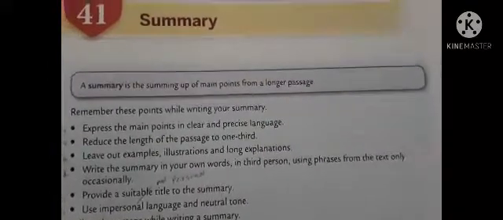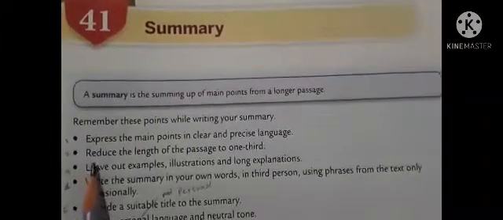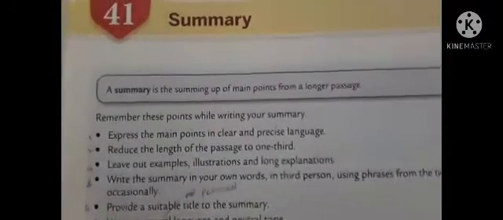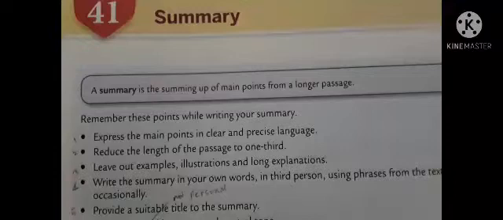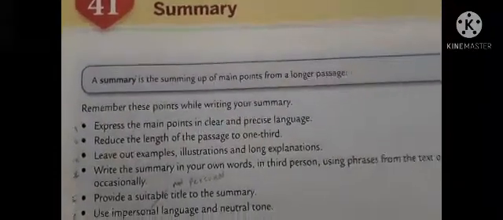Okay, it should not be vague. The second point is we should reduce the length of the passage to 1/3. While writing a summary, we have to reduce the length of the passage to 1/3.